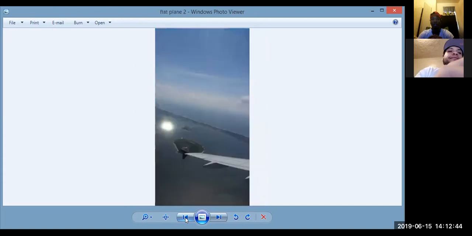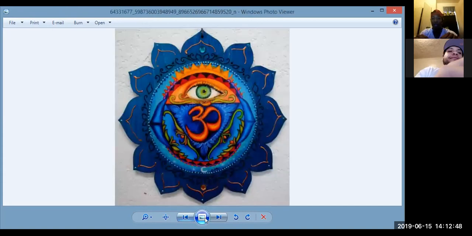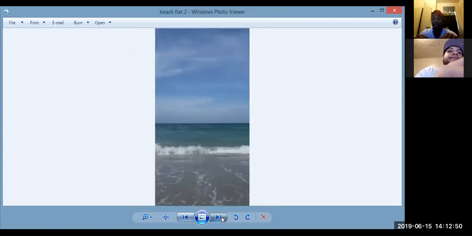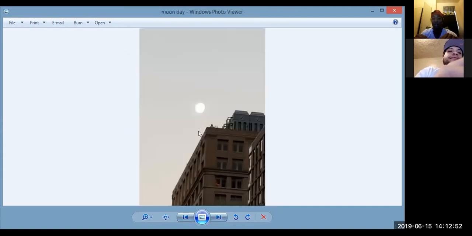How is this happening? Hold up, I think I got another one. Look at this. How, if the moon's supposed to be on one side of the planet and the sun's supposed to be on another side, am I getting these images?